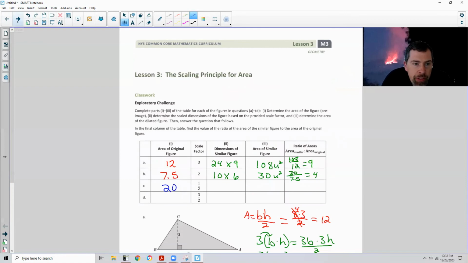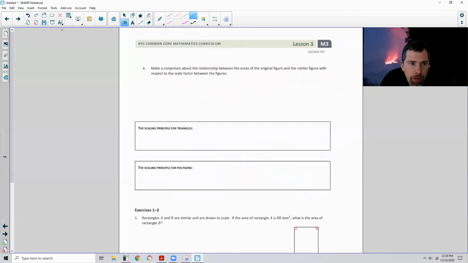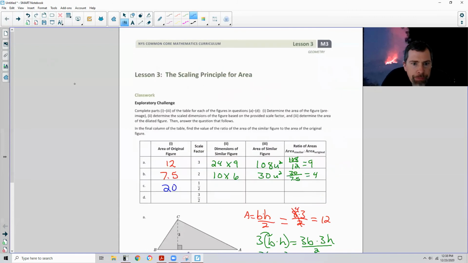So the sides were 2.5 and 2, right? 5 halves times 2. So this was a 2.5 times 2 area. If I scaled it down 1/2, it was 5 by 4, half of 5, half of 4.